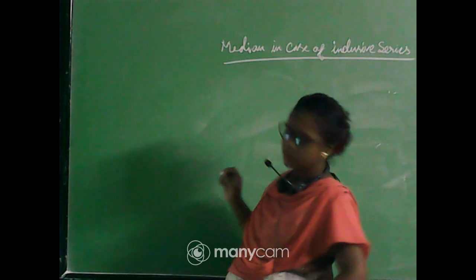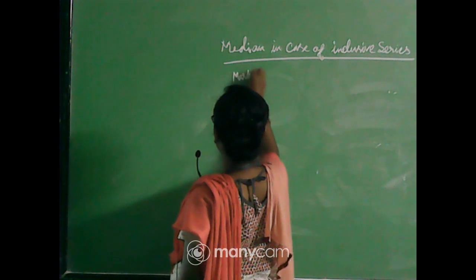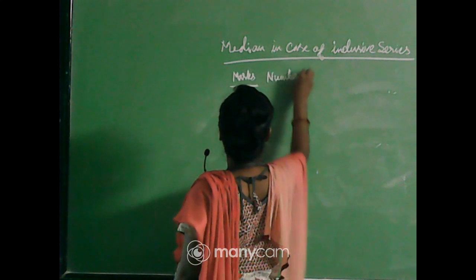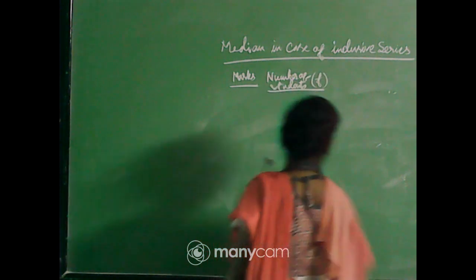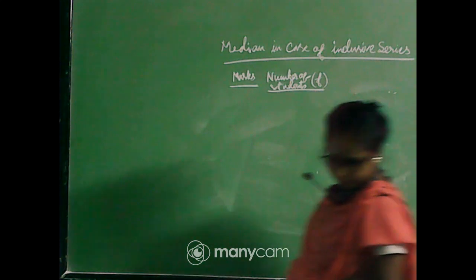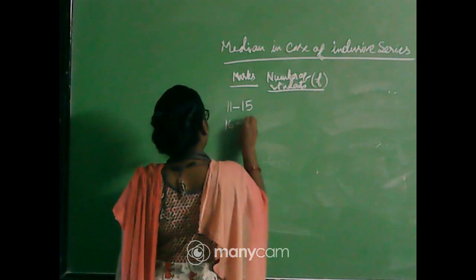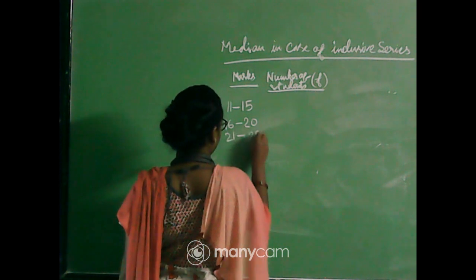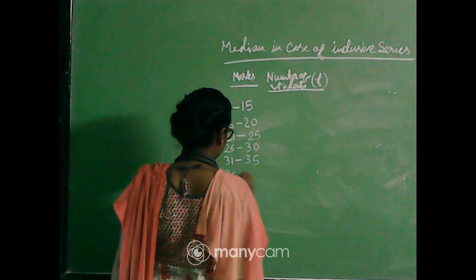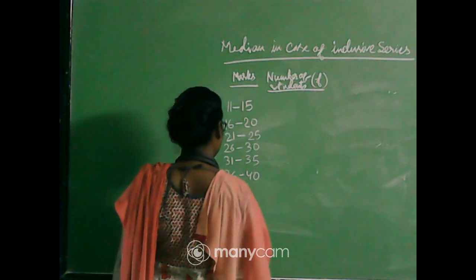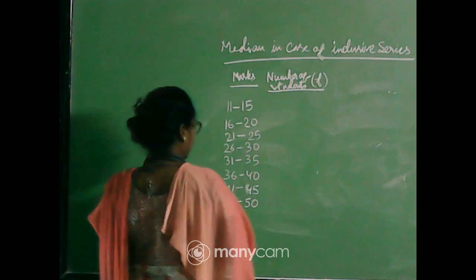If the marks and number of students, this one is frequency, this one is given 11 to 15, and the respective frequency.